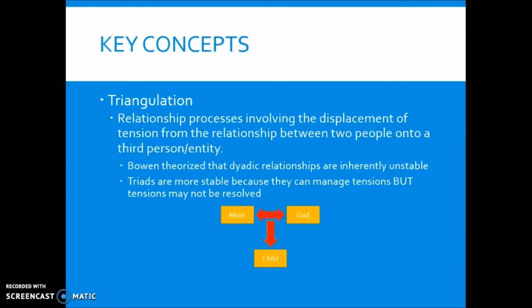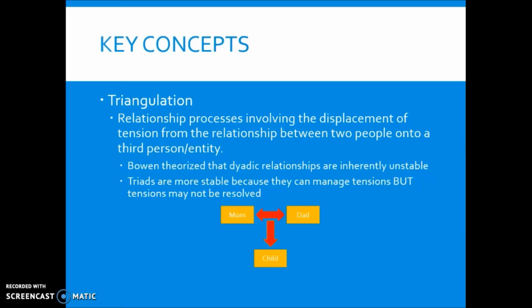However, it's very common for triangles formed by this displacement of tension to not be resolved. So, for example, a classic example is mom and dad are fighting about something. There's some tension in mom and dad's relationship.